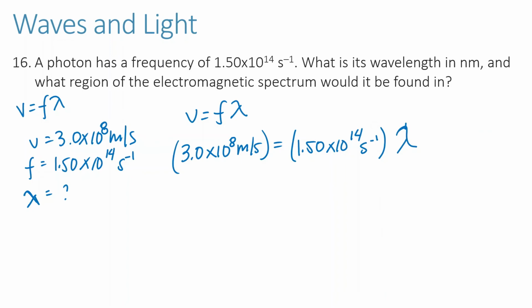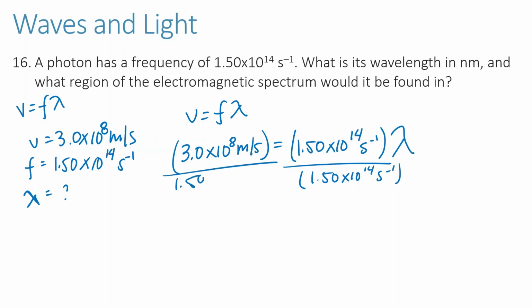Okay, so we're solving for wavelength here. So I need to divide by 1.50 times 10 to the 14 hertz on both sides. So when I do that, I get that my wavelength here is equal to 2.0 times 10 to the negative 6 meters.